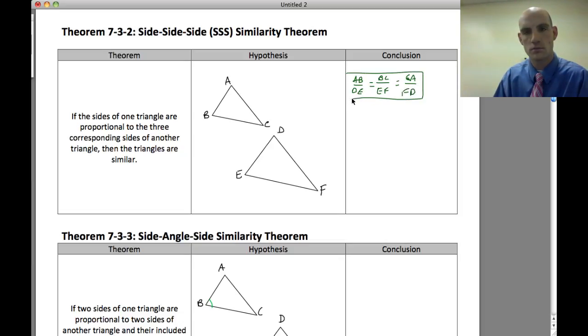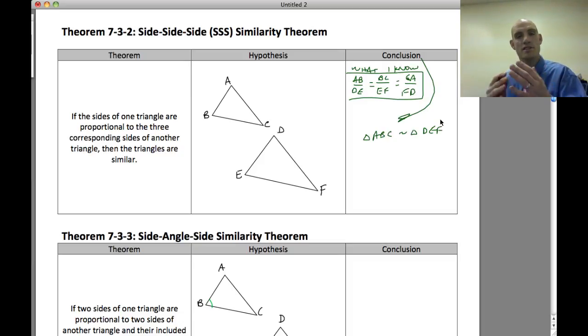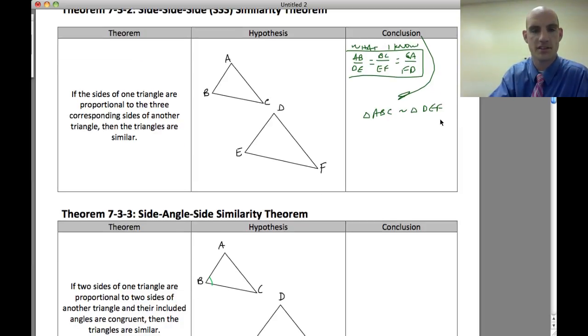This is what I know. And so what I can conclude is that triangle ABC is similar to triangle DEF. So if I have just the three sides, notice, before we needed all 6 pieces, 3 congruent angles and 3 proportional sides. These theorems are designed so that we don't have to prove everything. If we can prove the 2 angles, we can do it. If we can prove the 3 sides, we can prove that they're similar. So that's the first part.